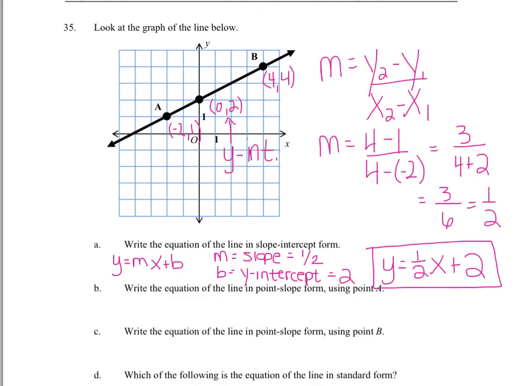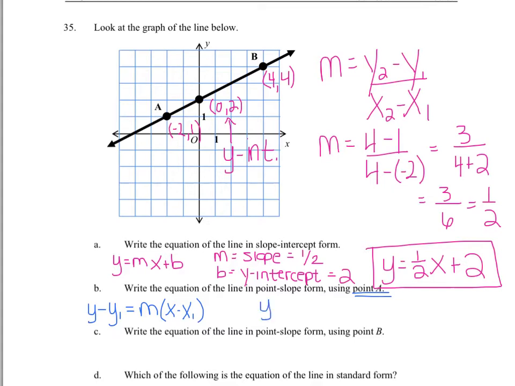Next, we have to write the equation of the line in point-slope form using point A. So they're telling you which point to use. Point-slope form is y minus y1 equals m times x minus x1. Again, you're given the formula on the front of the review packet.